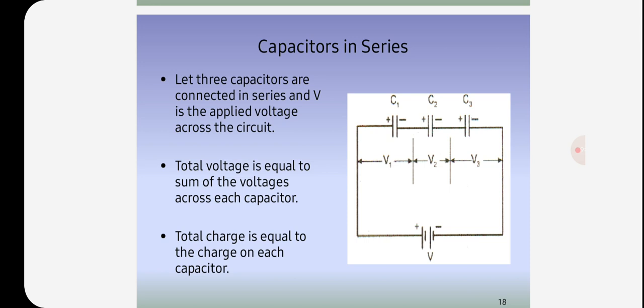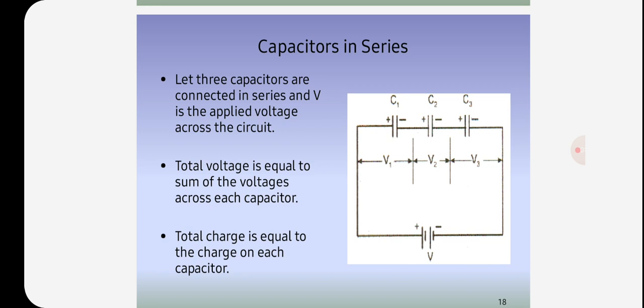Consider three capacitors having capacitance C1, C2, C3 farads connected in series across a potential difference of V volts. The equivalent circuit, in which the three capacitors connected in series are replaced by a single capacitance C equivalent.